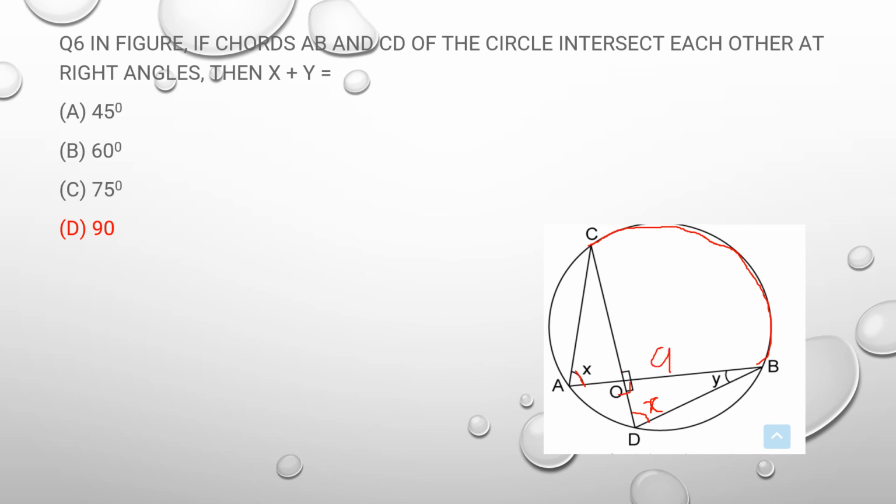So applying angle sum property in triangle DOB, we are going to get x plus y as 90-degree, because angle sum is 180-degree and this angle is given as 90-degree. So the x plus y measure will be 90-degree.